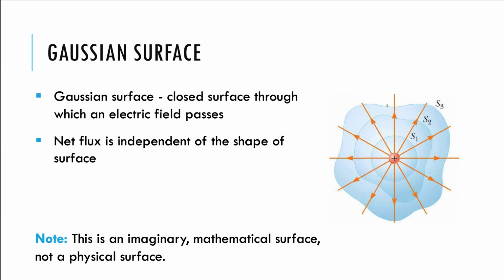But one more note about this Gaussian surface: it's an imaginary mathematical surface, right? It's not an actual physical surface. It's just a construction that will help us solve problems. Although it's easy, for instance, to find a flux through a sphere, sometimes we're going to want some other shaped surface so that we can, again, take into account the symmetry of the problem.